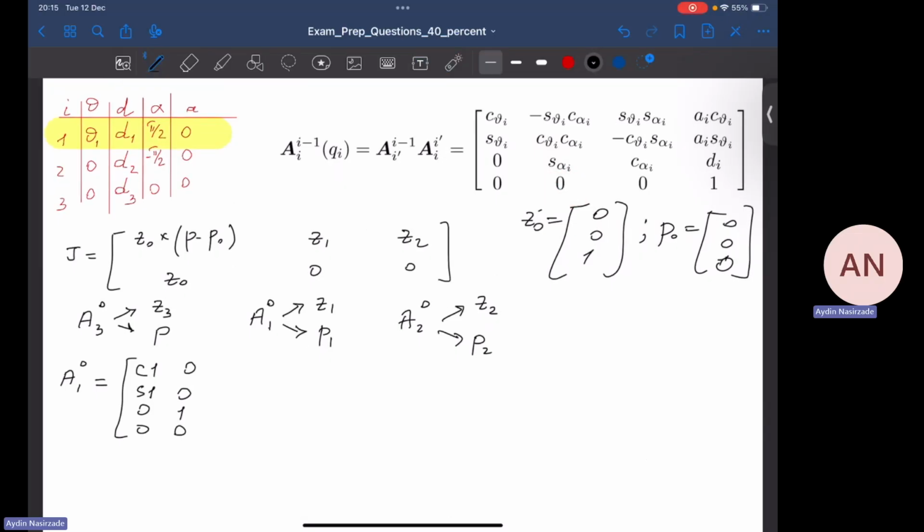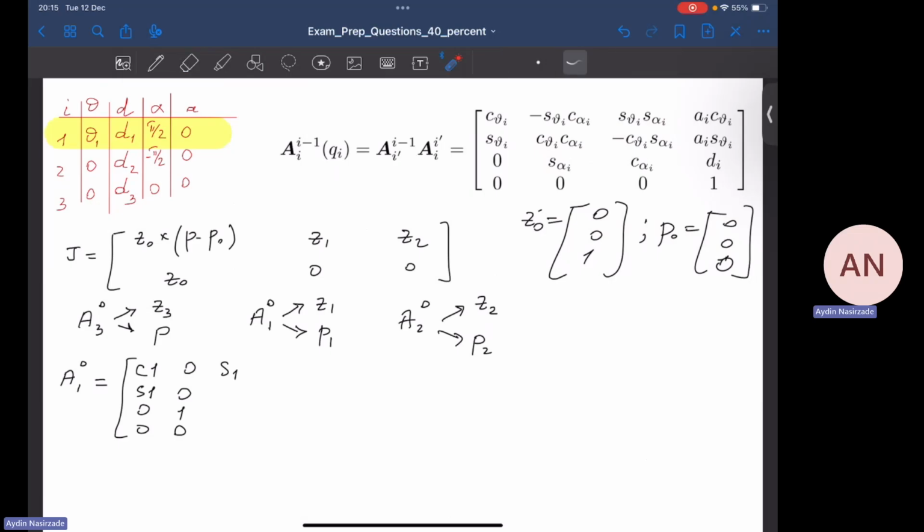Simply put 0 here. All right, let's move on to the third column. Theta 1 is theta 1. So sine of theta 1 times, what about sine of pi by 2? This is pi by 2, right? Sine of pi by 2 gives me 1. So sine of theta 1 times 1 gives sine of theta 1.